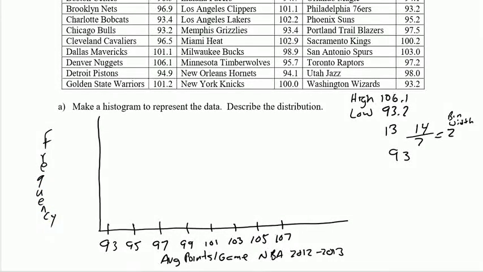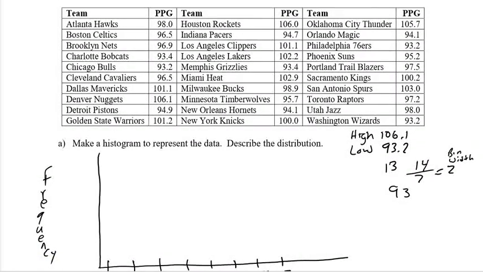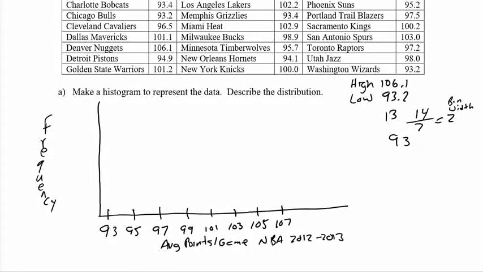We count the 93s. There's 1, 2, 3, 4, 5, 6, 7, 8, 9 that fall between 93 and 95.